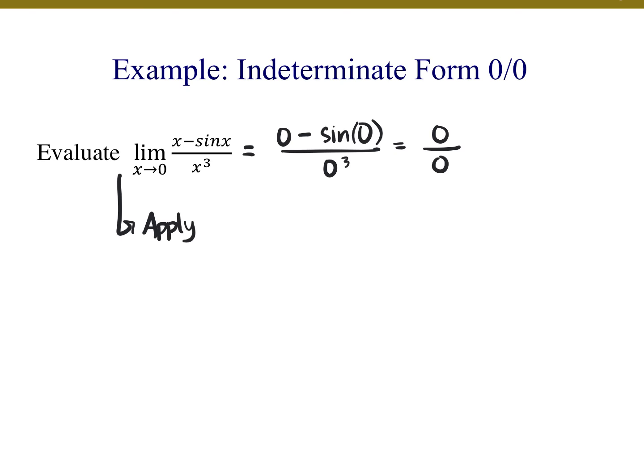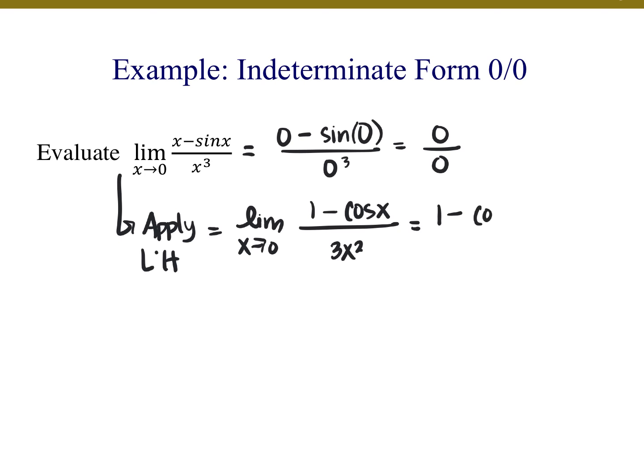So I'm going to apply L'Hopital, back to a limit. And now I'll take the derivative. Okay. All right, Sydney, numerator derivative? 1 minus cosine x. Okay, 1 minus cosine x, denominator derivative? 3x squared.